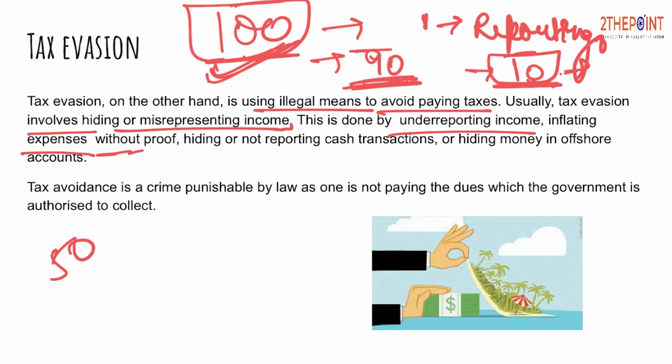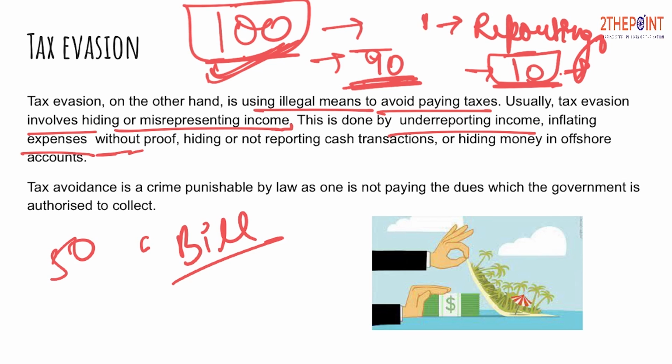Let's suppose somebody is in the business of trading, it could be anything. Suppose a person has a ration shop but is selling goods without any bill. So there is no record of sales at the end of the day.